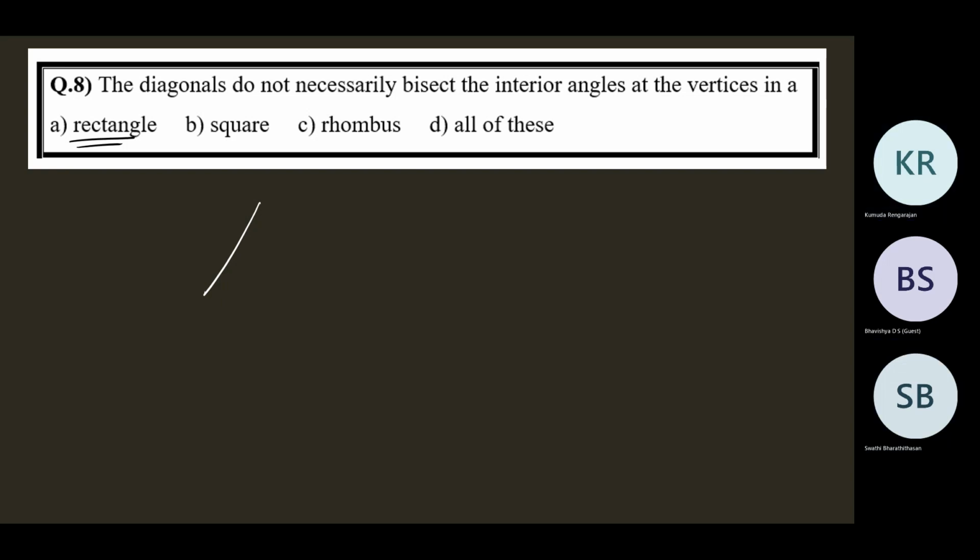Correct. In a rhombus and in a square, that is a figure where all the sides are equal, the diagonals bisect the interior angles at the vertices.